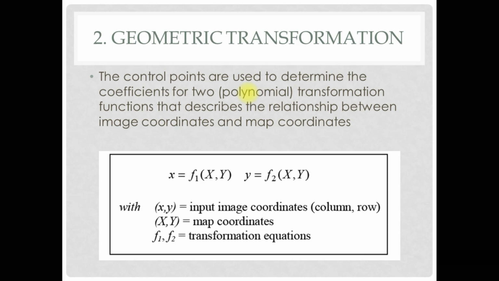So when you identify the ground control points on both images, ArcGIS automatically creates a function which makes a relationship, referencing between the slave image and the master image.